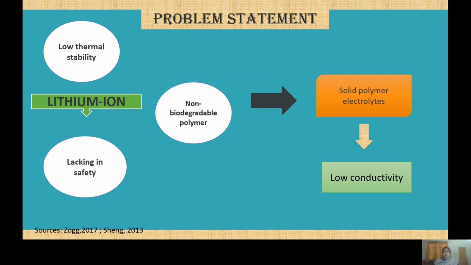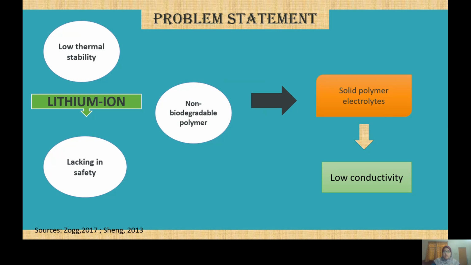So a better alternative researchers have found to replace the liquid lithium ion is solid polymer electrolyte. But solid polymer electrolyte has its deficiency. Its deficiency is low conductivity.